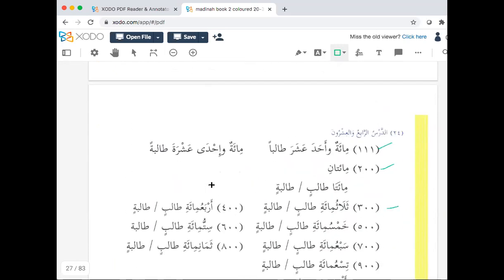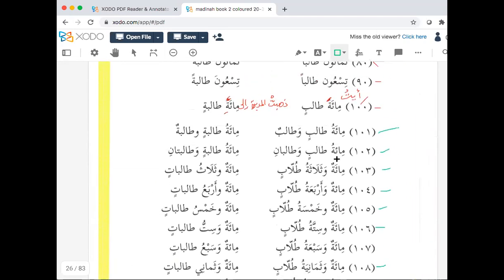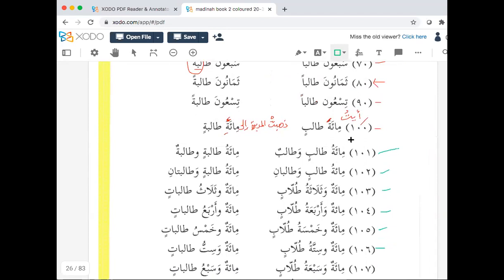Mi'atu. أيوة. مئة طالب. That's 100 students. And then he needs to add one. So he uses واو العطف. And he says وطالب, meaning and one more. And the same for the مؤنث. مئة طالبة وطالبة. جيد. Meaning 101 students.